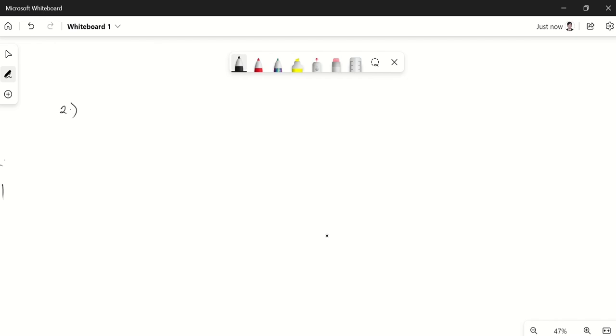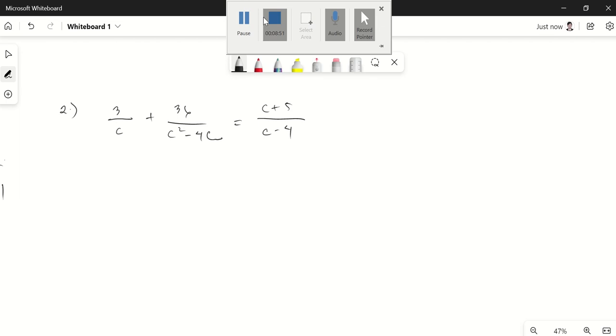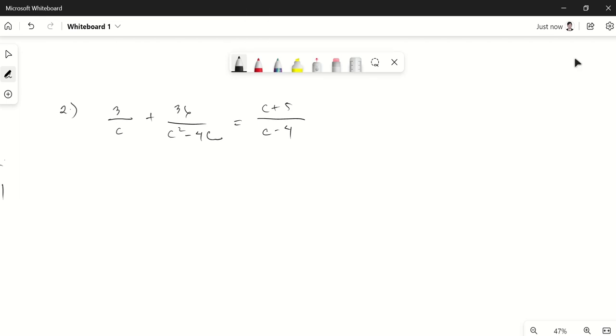So the equation here is 3 over c plus 36 over c squared minus 4c is equal to c plus 5 all over c minus 4. Same process as in number 1, we need to first find the LCD of all the denominators.